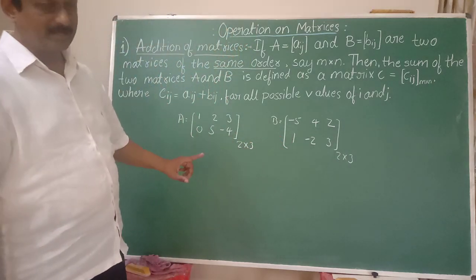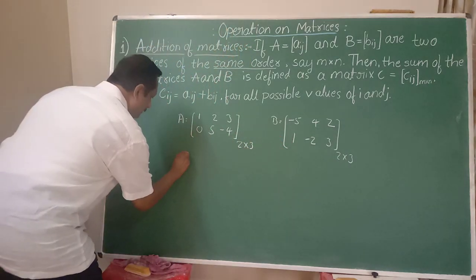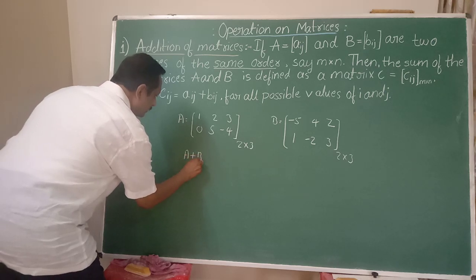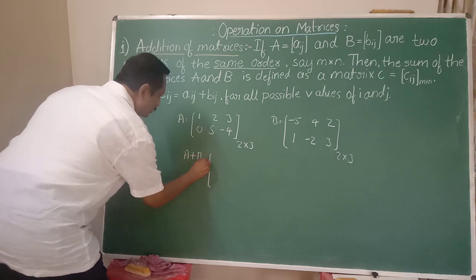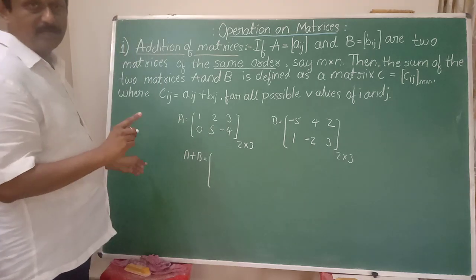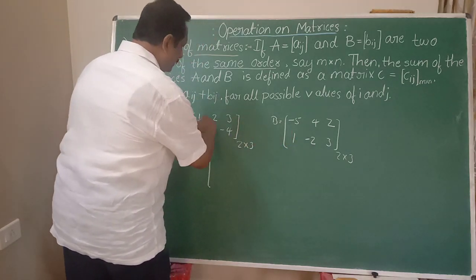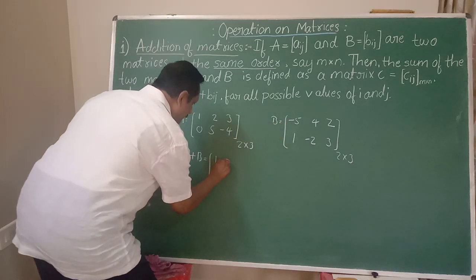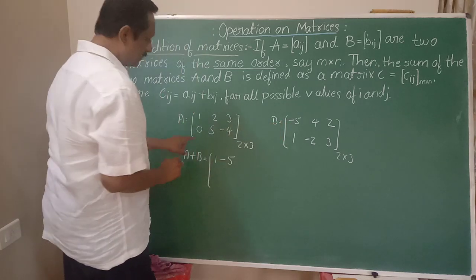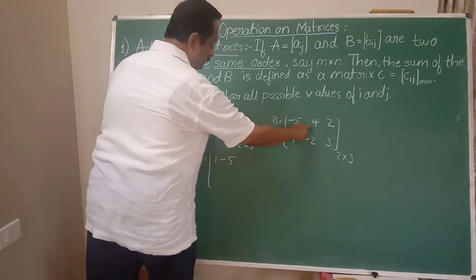Then we can add them here. Hence, addition of matrices. A plus B is equal to, add the corresponding elements here. 1 must be added with this here. So 1 minus 5. Then 2 plus 4.